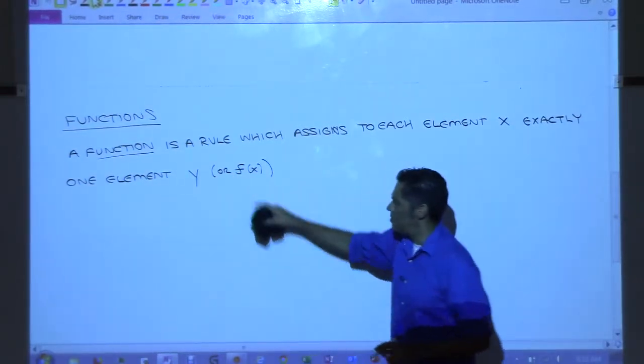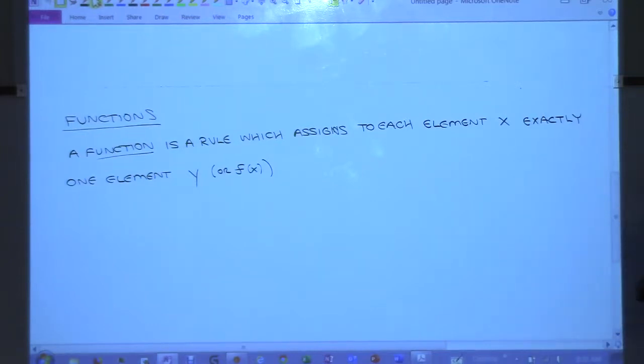I'll get into that in a second. So this is the definition. It's not easy to read. It's weird. It's just kind of like, what?